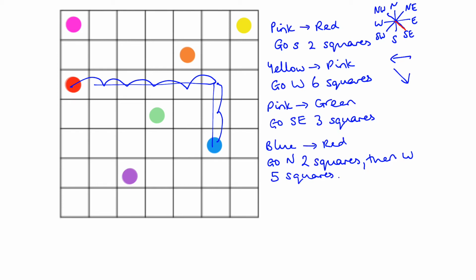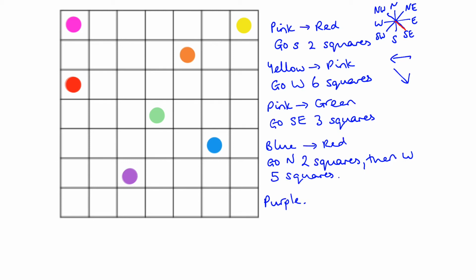Okay, right, so now let me just lose those blue lines. Okay, so now what we're going to do is I'm going to tell you where to start and describe a journey. You see where you end up. Okay, so I want you to start at purple.